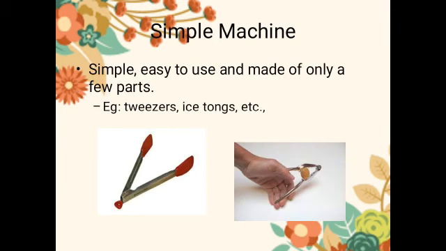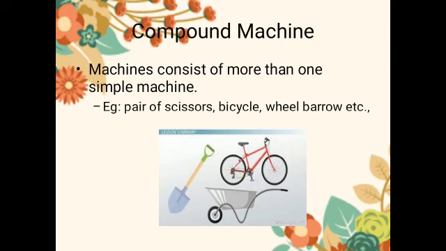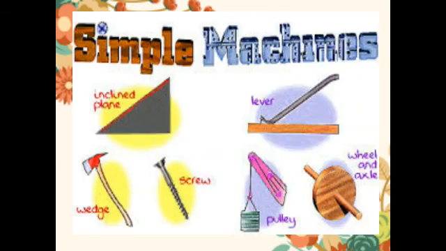Simple machines are made very easily and we can handle them very easily. Examples are tweezers, ice tongs, etc. Compound machines are made up of more than one simple machine. Examples are a bicycle, wheelbarrow, etc.